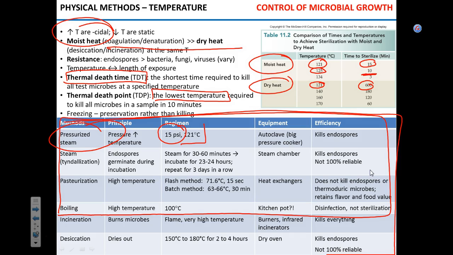Of course, the time it takes to sterilize things is different for different things. If you want to sterilize a beaker, or you want to sterilize a mouse, which one will take longer, a mouse or a beaker? Mouse. Why?